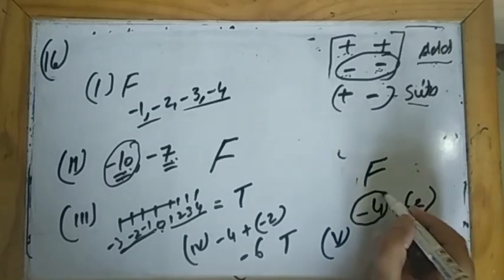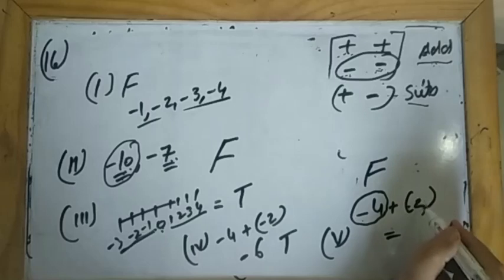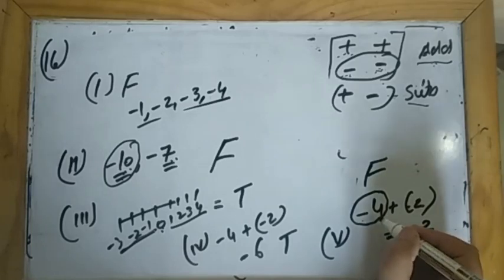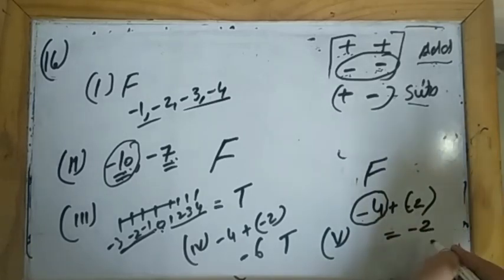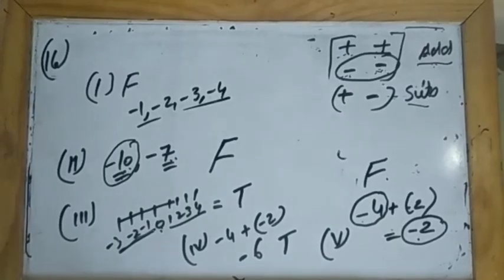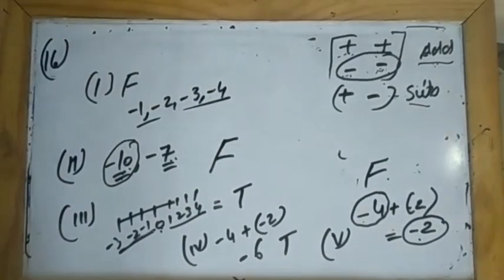Suppose here the larger number is -4, and when I add them, the answer will be -2. But they are saying if you add one positive and one negative integer, the sum is always a positive integer. No, it can be a negative integer also. So this statement is false. So children, hope you have understood this chapter.